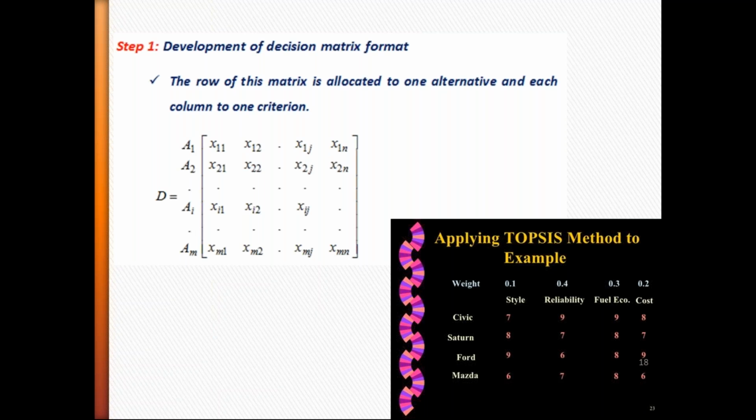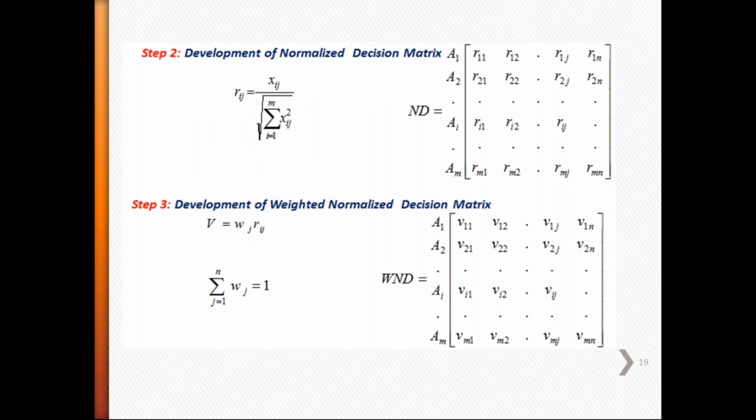And number two, the range of data for one criteria may differ from another criteria. These two problems can be overcome if we go for data normalization. After normalization, normalized data is dimensionless, no unit. At the same time, normalized data is between 0 and 1. So all data come into a common range 0 to 1.